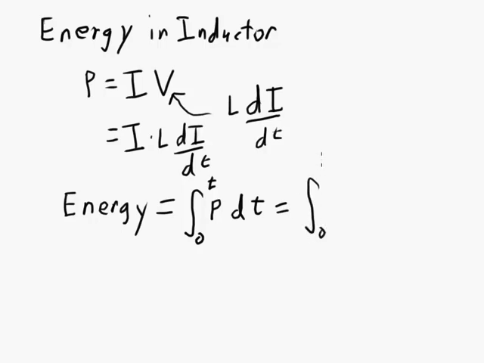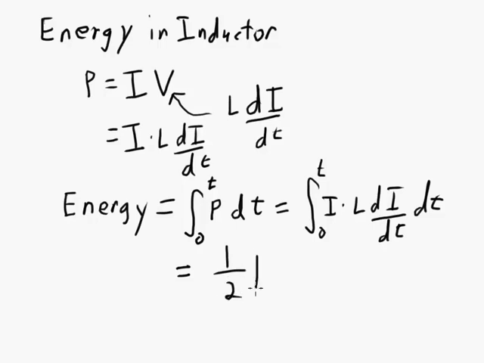So if we're to do the integral over time of I times L times the rate of change of the current with respect to time, we'll go through the mechanics of that, but what we would come up with is the energy that's in an inductor is going to be equal to 1/2 times the inductance times the current squared. So that's energy in an inductor.